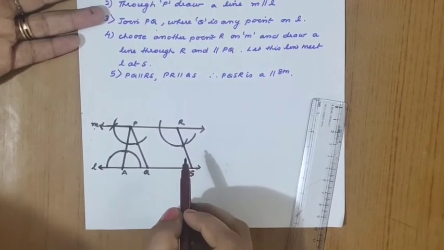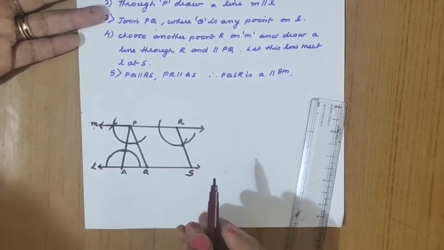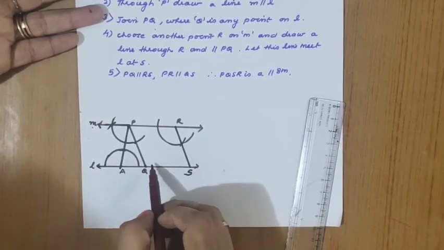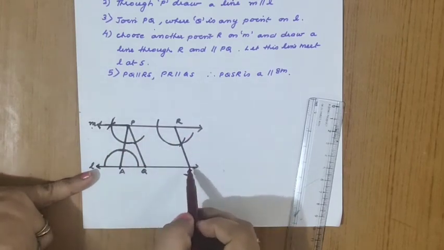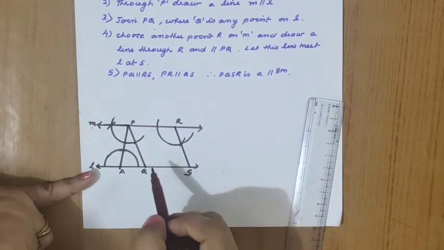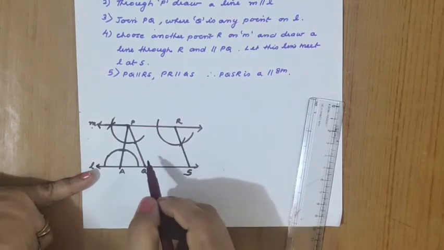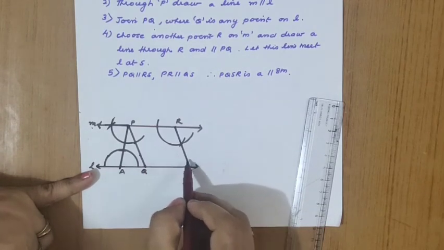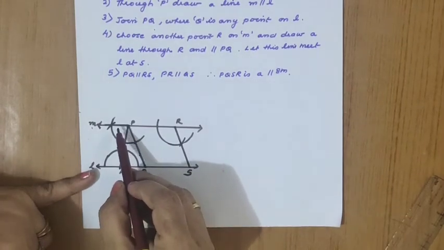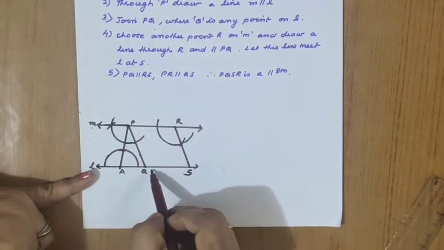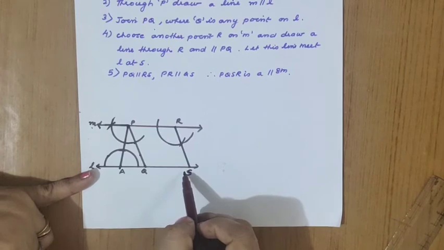What shape do the two sets of parallel lines enclose? That means here two parallel lines are there. Which is that parallel line? The first parallel line is M parallel to L, right? Now by construction, which is one more parallel line, we got PQ parallel to RS. So what we are getting means PR parallel to QS, that is one pair of opposite sides.